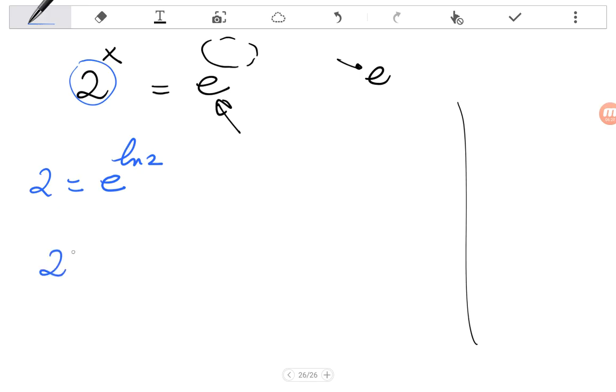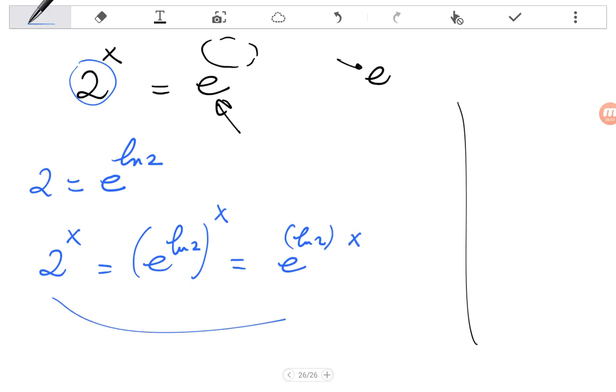So I may say that 2 power x is just e power ln 2, all to the power x. And that's why 2 power x is just e power ln 2 times x. So I may change the base of an exponential function to the natural base e, the natural number that we know.